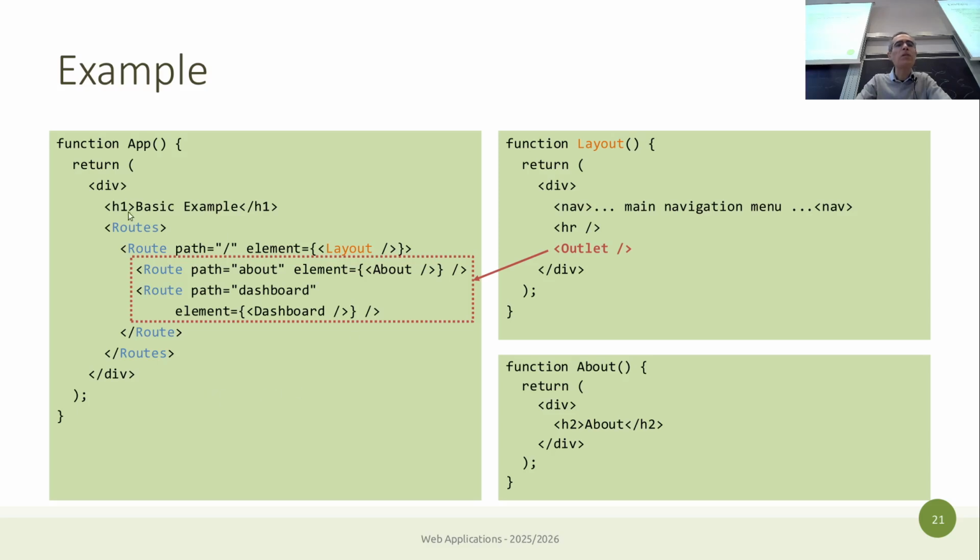So you have a route with path slash, layout, and then you have the routes nested inside, about and dashboard. You render the layout because it matches slash at the higher level, and then it's slash about and renders about as well. But where is about rendered? Well, in layout you need to remember to use the Outlet.